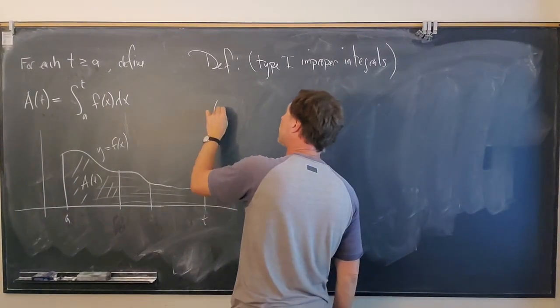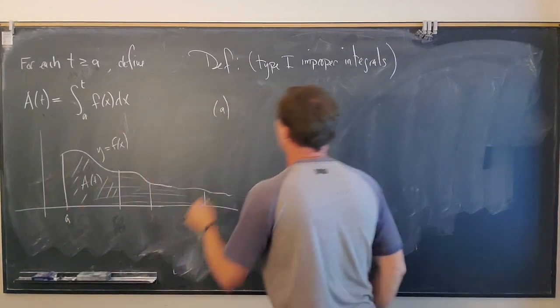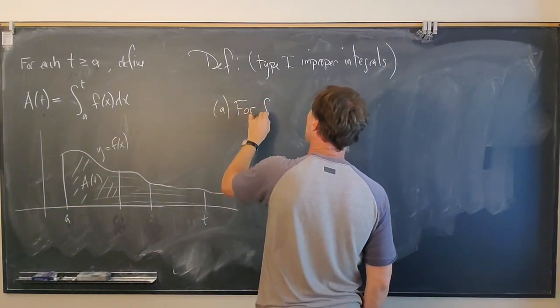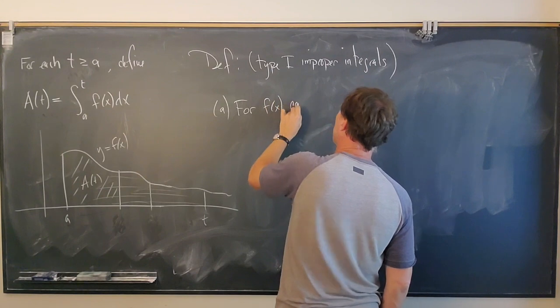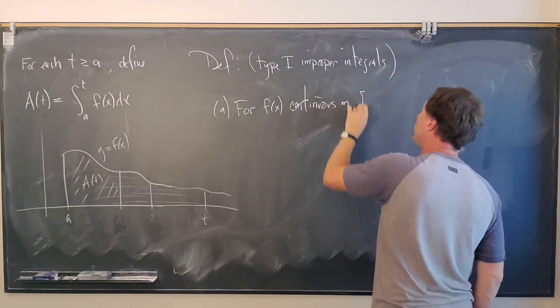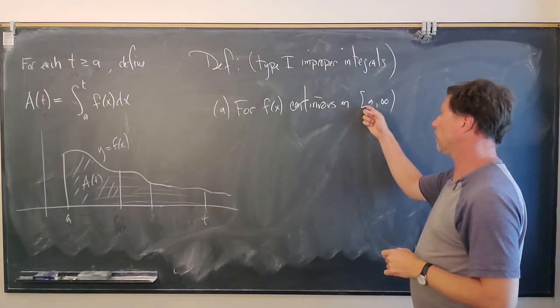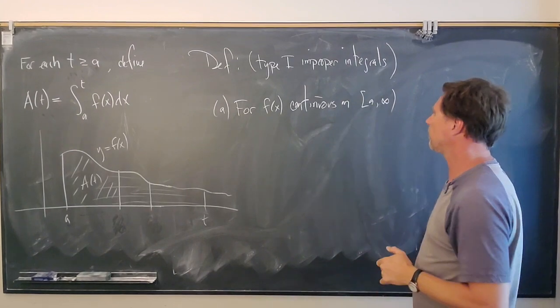And there's three parts to this definition. The first part, so for f of x continuous on the interval from a to infinity, closed interval, closed at a, open of course at infinity.